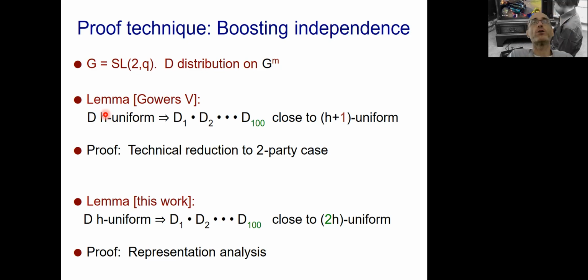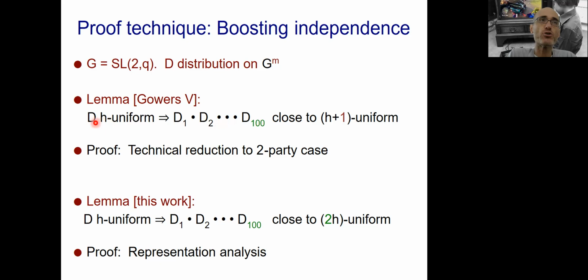Okay, so if you have such a distribution, if you take a sufficiently large but constant number of independent copies of the distribution, so D1, D2, up to D100, and you multiply them, or you convolve them, which means you sample from each and you output the component-wise product, then somehow the uniformity increases.